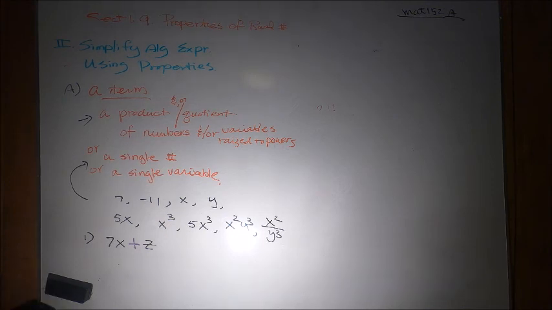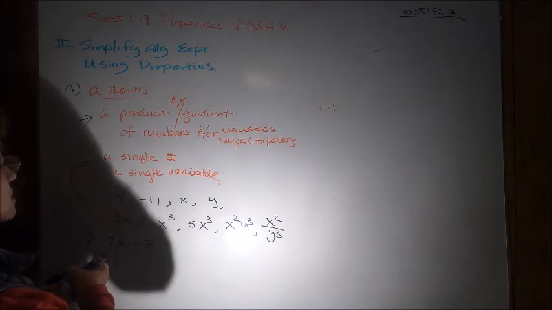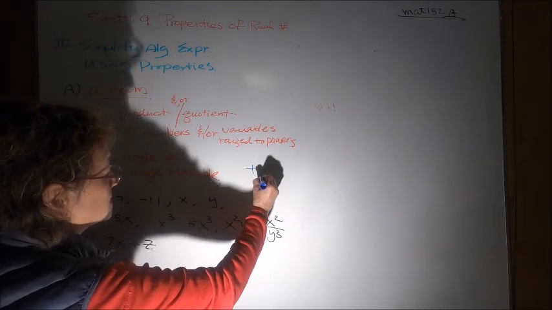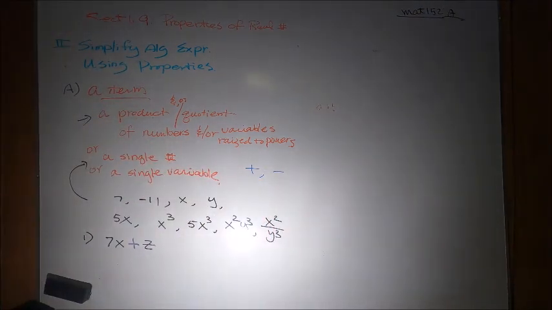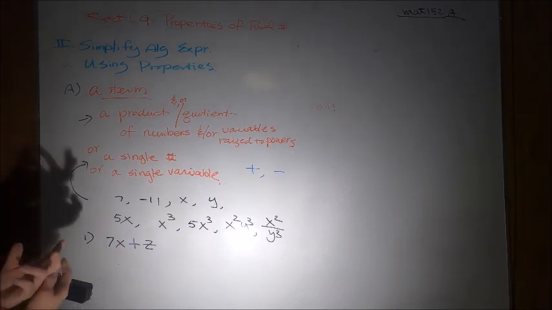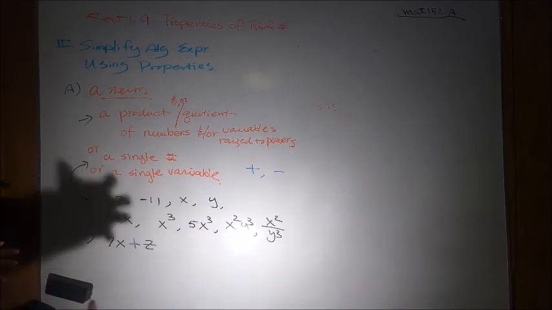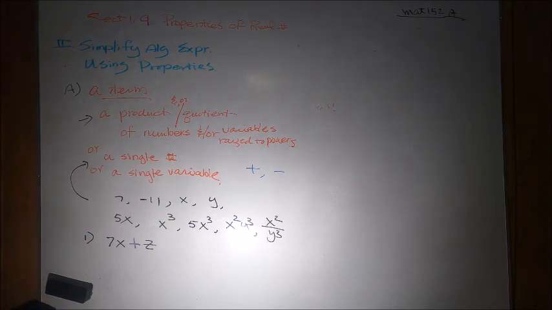So how do we separate the terms is by doing what? Terms are separated by plus and minus signs. So individually, each term is by multiplying or dividing. Then you combine them, it will become bunch of terms.